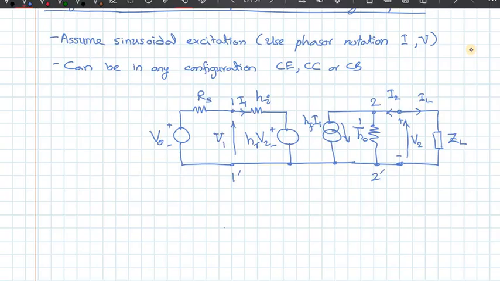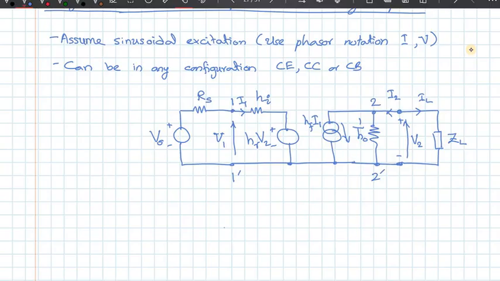Mind that sometimes we can represent the input as a Thevenin's equivalent circuit or a Norton's equivalent circuit. Either way, this is a source. Now, what are the things that I need to find? I need to find the current gain for the entire circuit, the voltage gain, the input impedance, and the output impedance, or more suitably the output conductance, 1 over Rout.